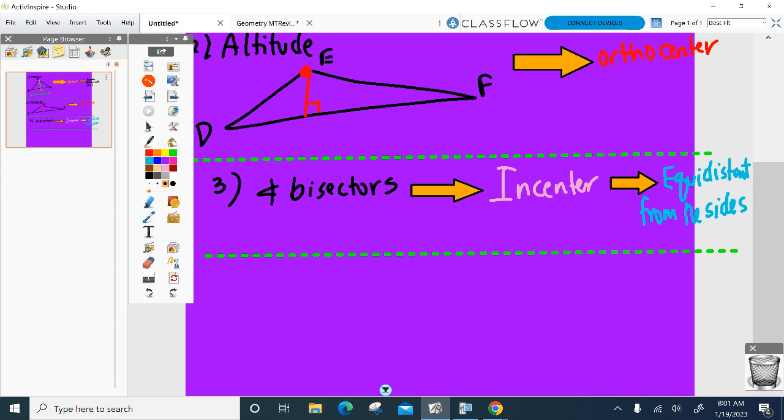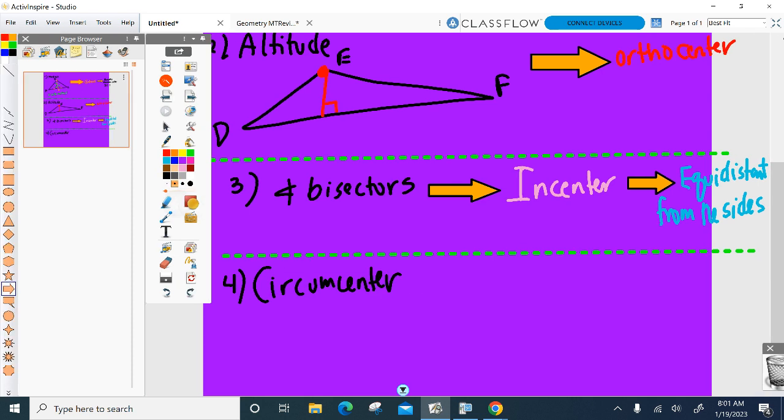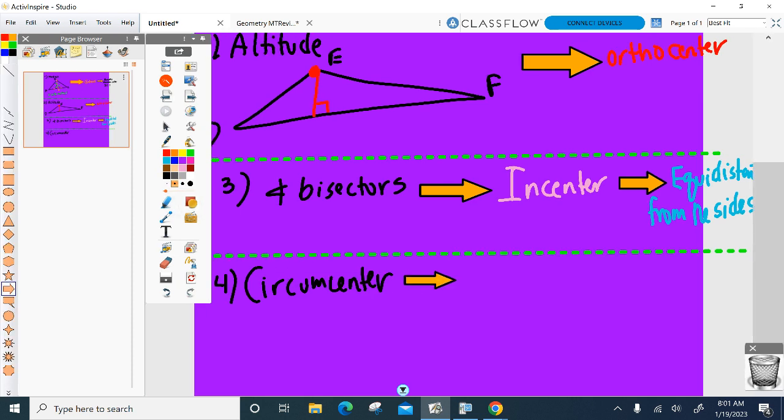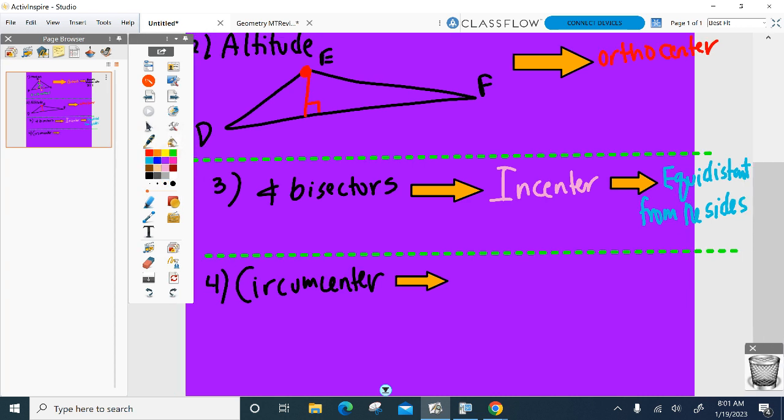What do we have? Centroid, orthocenter, incenter, and circumcenter. Yep. That would be all the perpendicular bisectors.